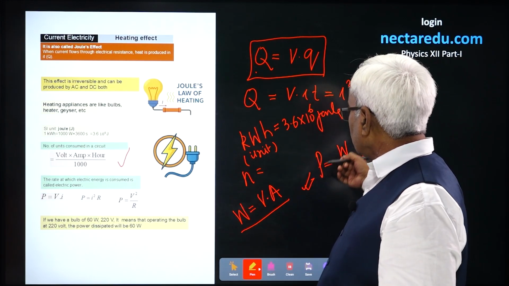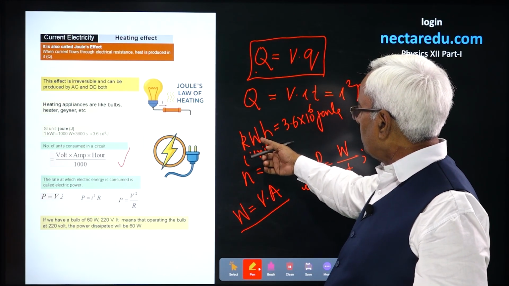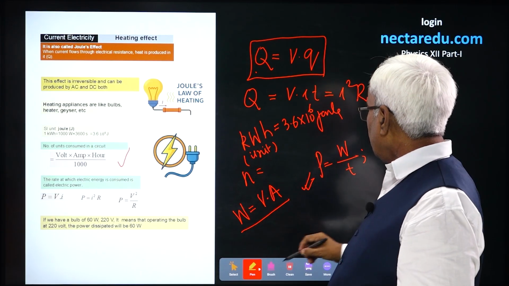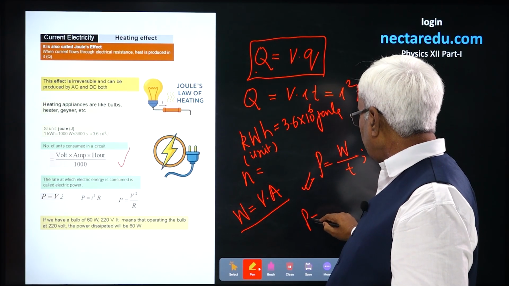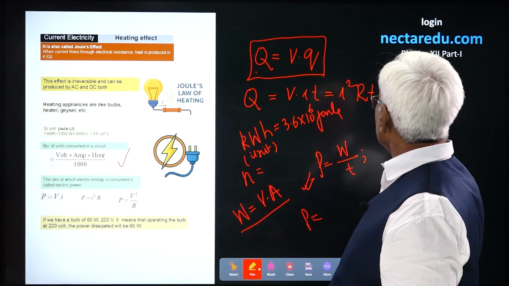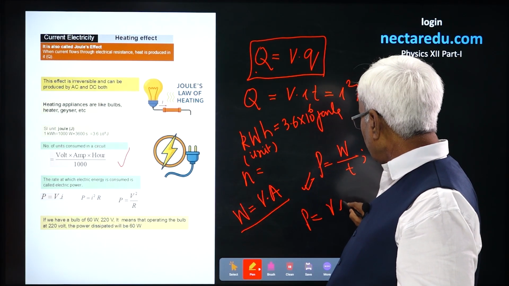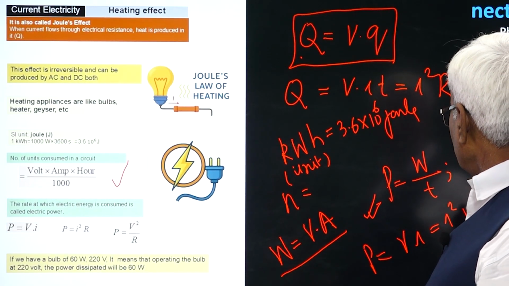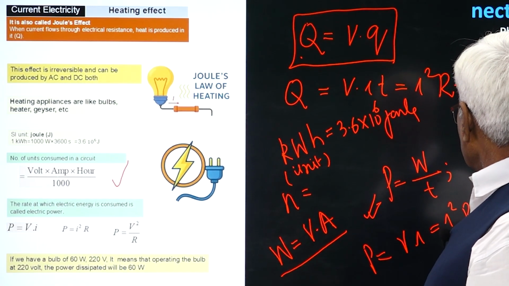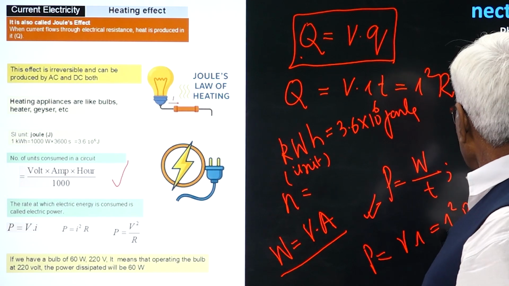By doing all this, we ultimately conclude kilowatt hour. For power, you have 3 types of relations, that is VI, I²R or even V² upon R.